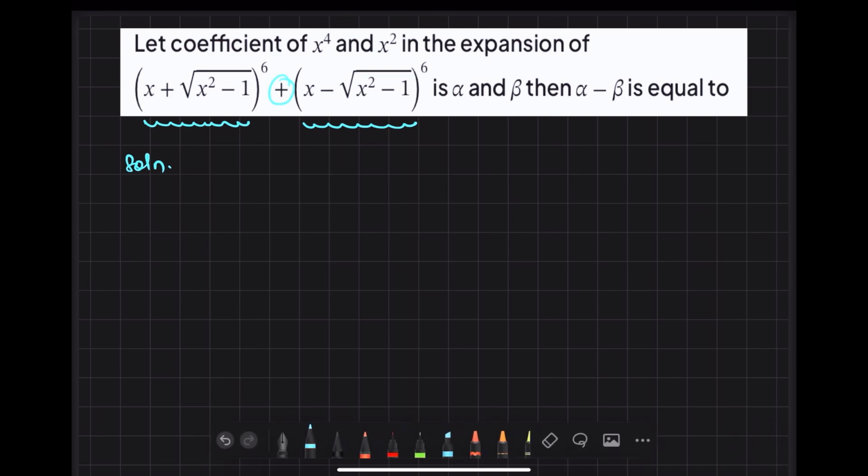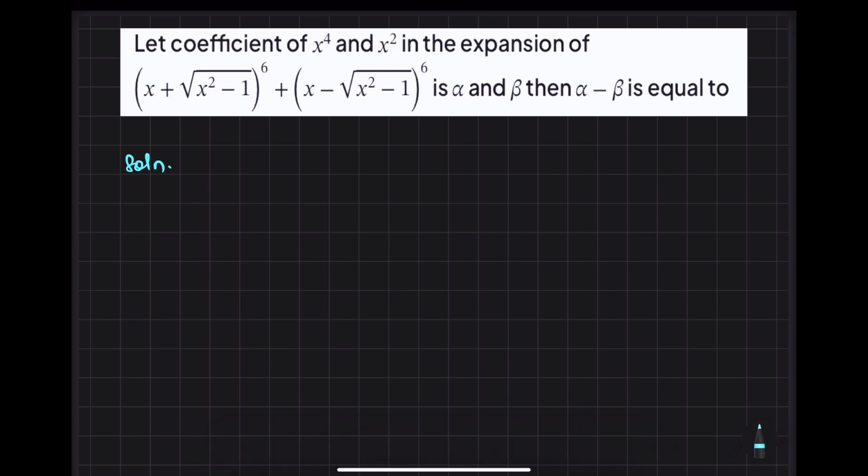Okay. So whenever we fall under these kinds of situations, you know that we will have 2 times the even lower subscript terms, correct? So can I write 6c0, and then x power 6, and then b is what? This thing, x square minus 1, will have power 0. Then 6c2 x power 4 and then root over x square minus 1 power 2.